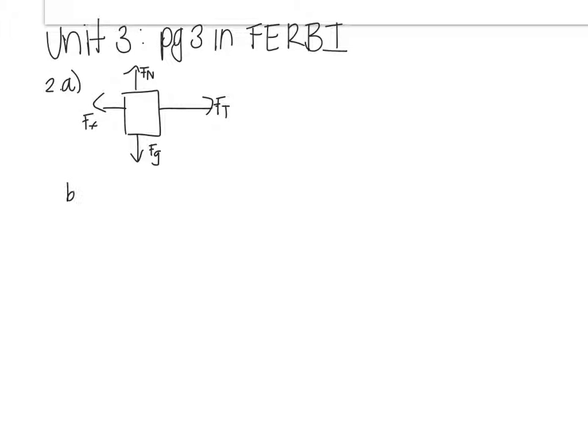B says, what is the acceleration of the wagon? So in this case, we need to look at what the acceleration is. So what equation do we know to find acceleration using FBDs and F-net? That's going to be F-net is equal to m times a. So if I were to draw F-net here, do I need to consider all 4 forces?